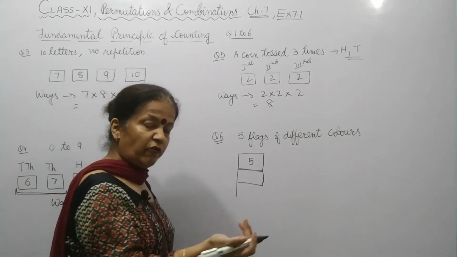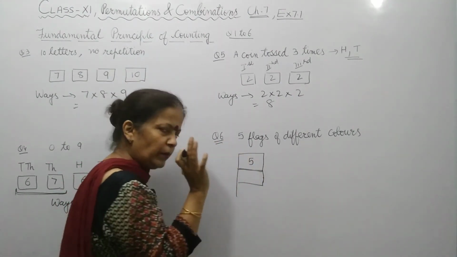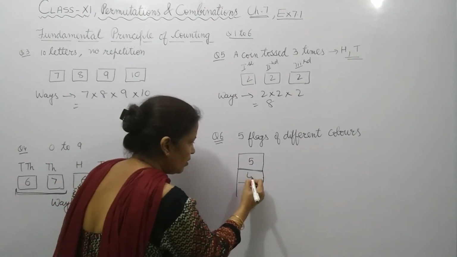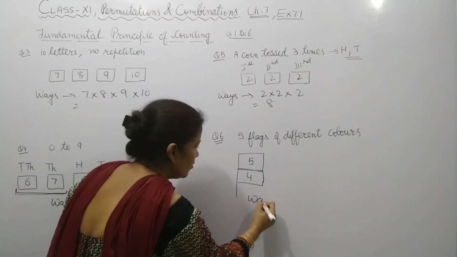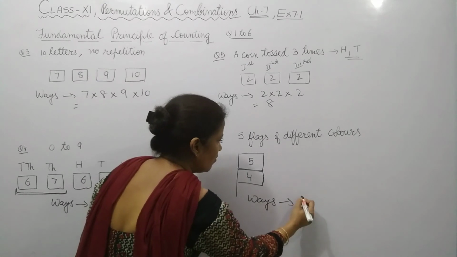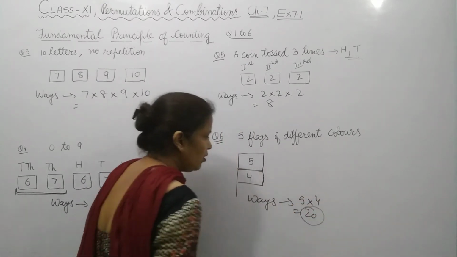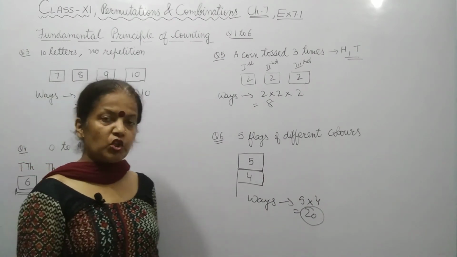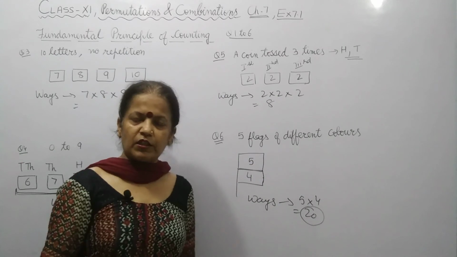So what should be the left out? Now total flags, out of 5 flags, एक flag यहाँ पे आ जाएगा. Now the total left out will be 4. So what should be the ways here? Ways will be 5 multiply 4. So it is possible to make 20 different signals by using 2 different colors.